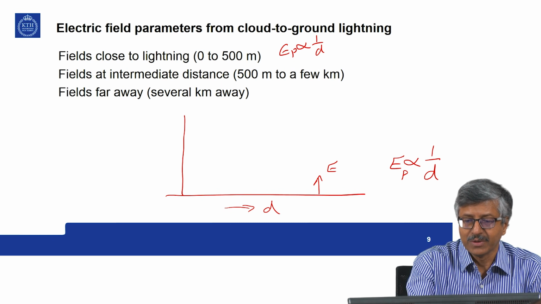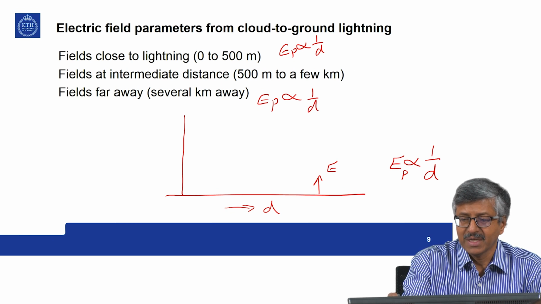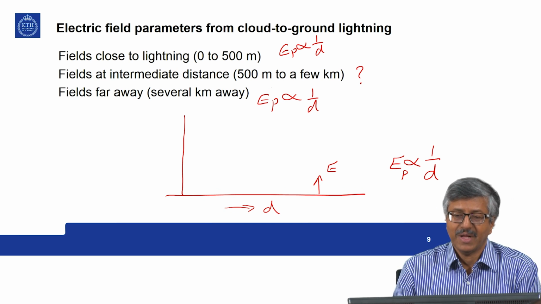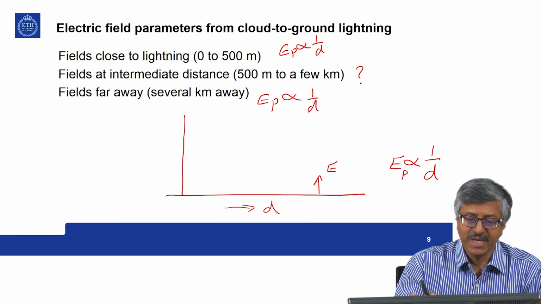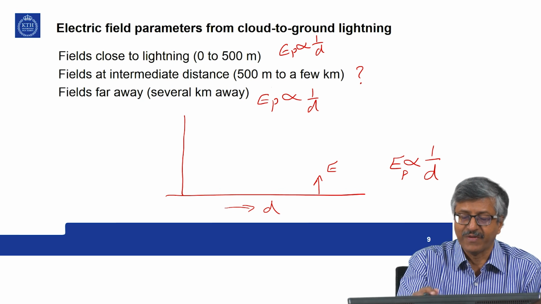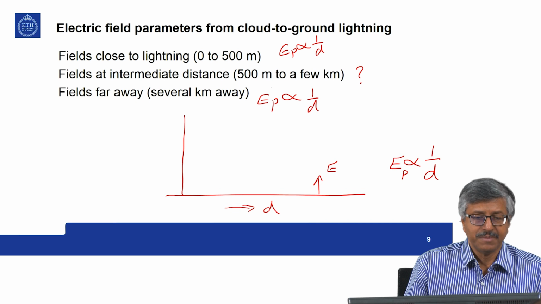But at intermediate distance it is not like that. That comes from the peculiar combination of the geometry and the various processes in the channel that give rise to the field. So, let us look at the details.